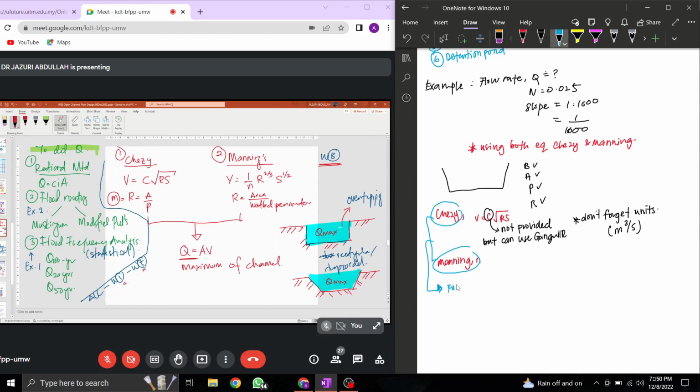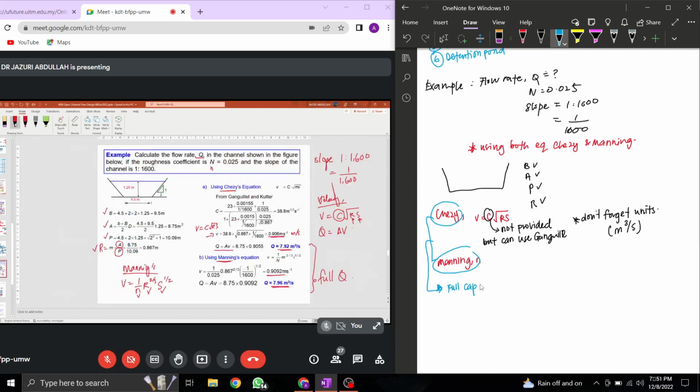Okay, so if Q from flood frequency analysis is, let's say, 10 meter cube per second. So now you understand 10 meter cube, which is more.